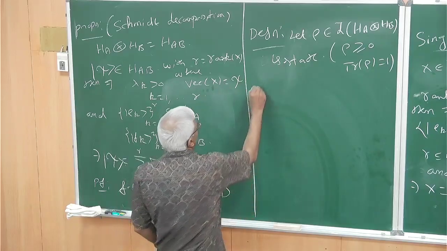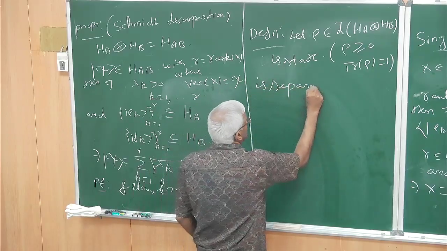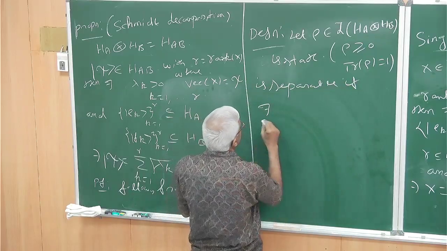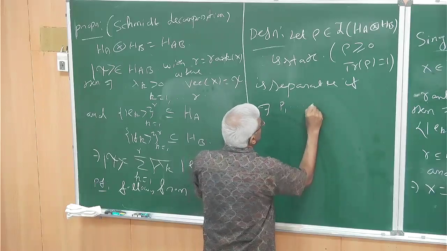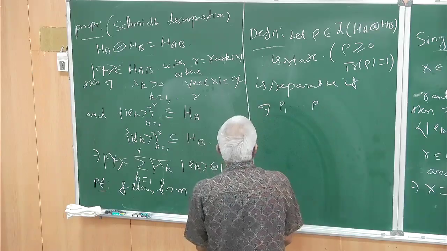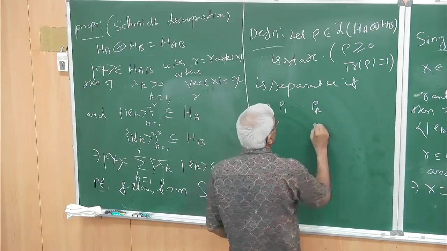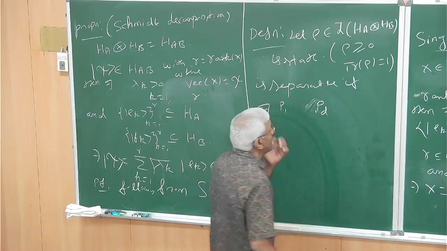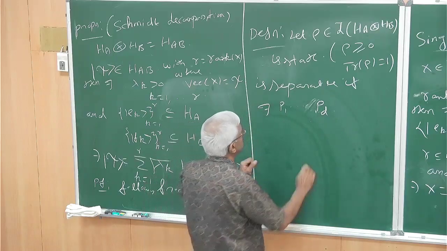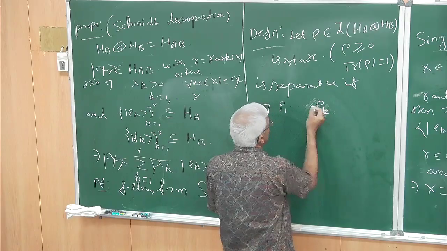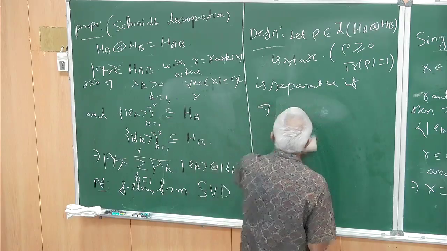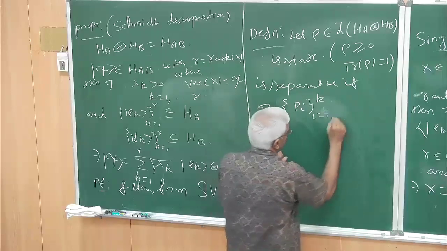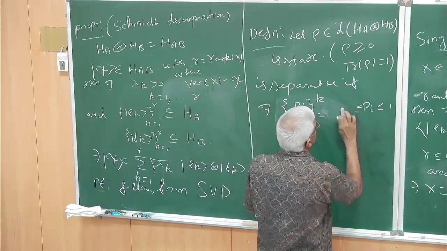A state rho is said to be separable if there exist p1 up to pk, pi, i equal to 1 to k, numbers where pi is greater than or equal to 0 and less than or equal to 1, with summation of pi equal to 1, i equal to 1 to k.